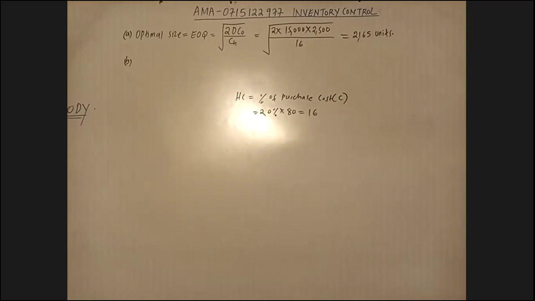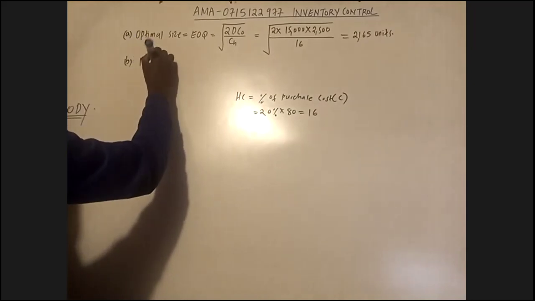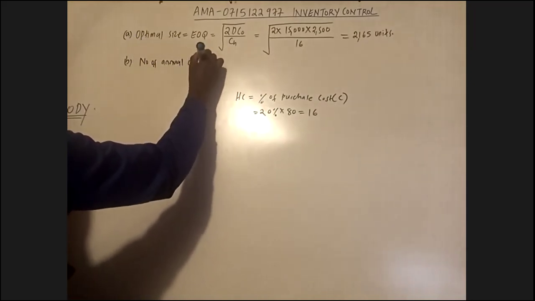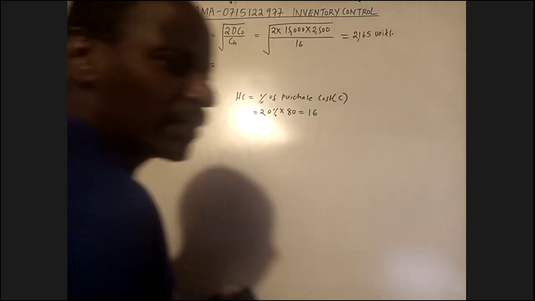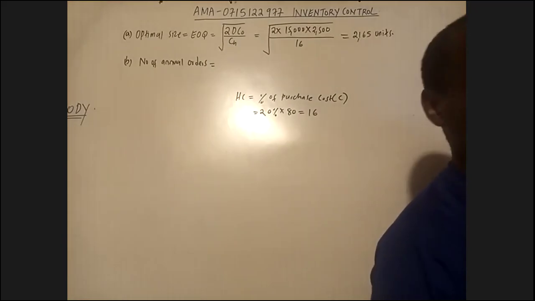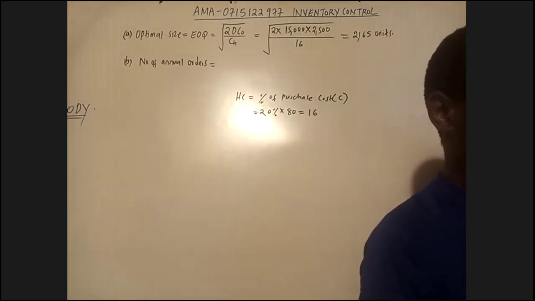Let's see number B. Number B wanasema number of annual orders. So ikifika 635, uone nimepotea, ujue net yangu ina restart at 635.